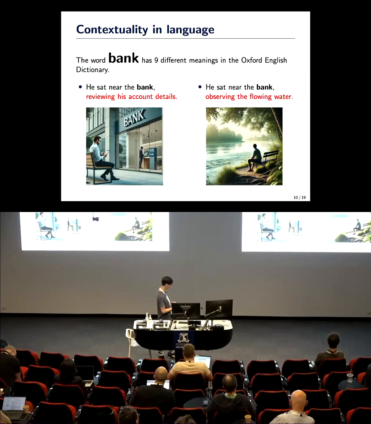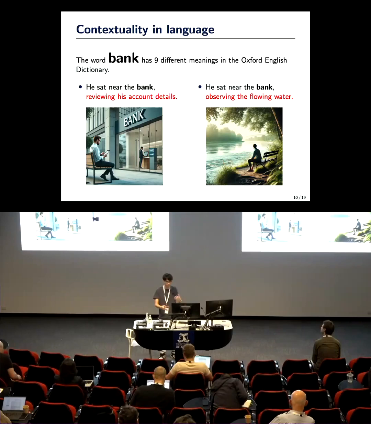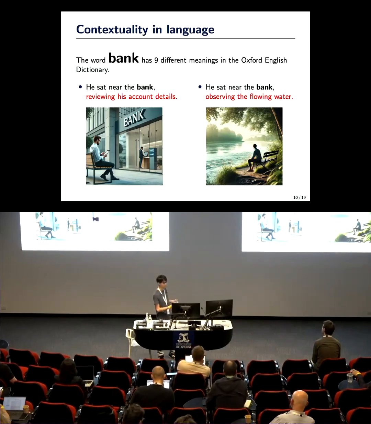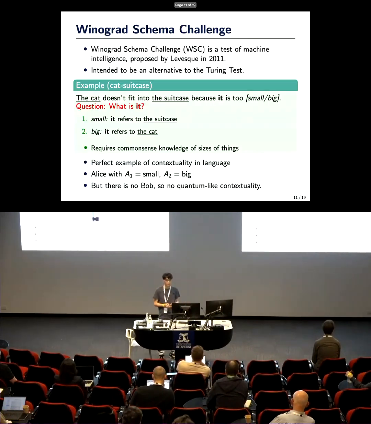In the first example, he sat near the bank, reviewing his account details. Obviously, bank here refers to the institution where you put your money. But if you change the context to observing the flowing water, then the meaning of bank becomes the bank of a river. That's what we call contextuality in language.